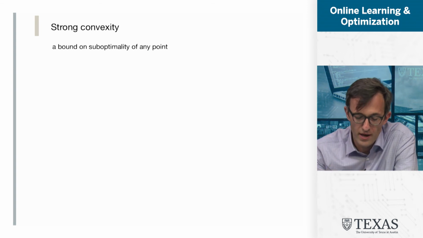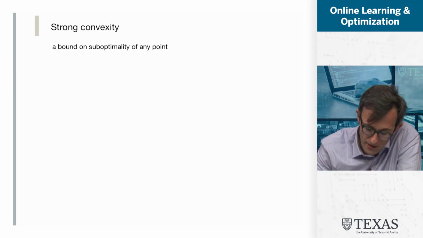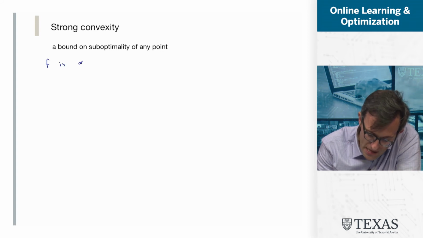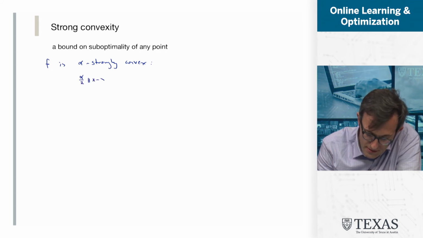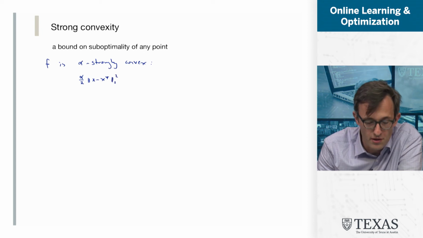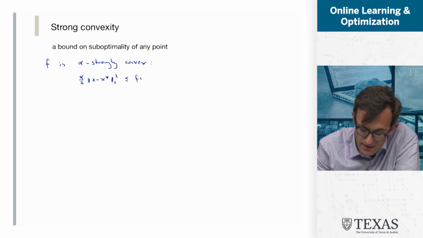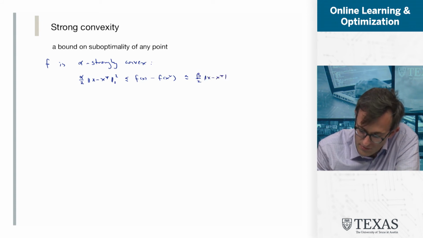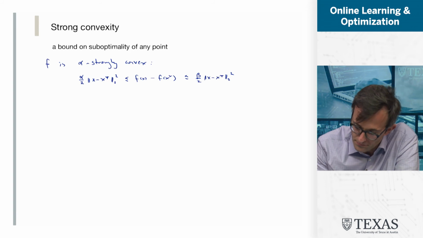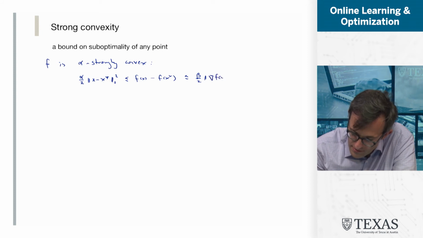And very similarly to what we had for smooth functions, if f is alpha strongly convex, then we have alpha over 2 times the norm of x minus x star squared, where x star is the global minimizer of f of x, is less than or equal to f of x minus f of x star, which is less than or equal to 1 over 2 alpha times the gradient of f of x squared.